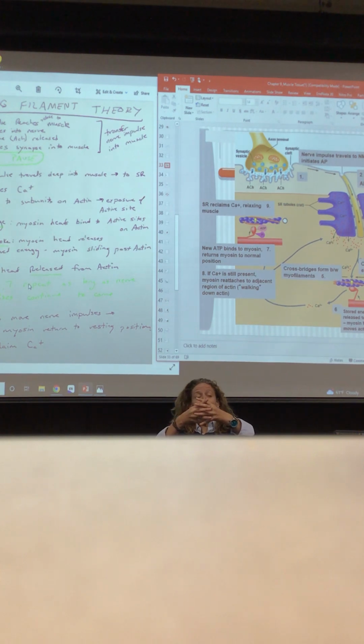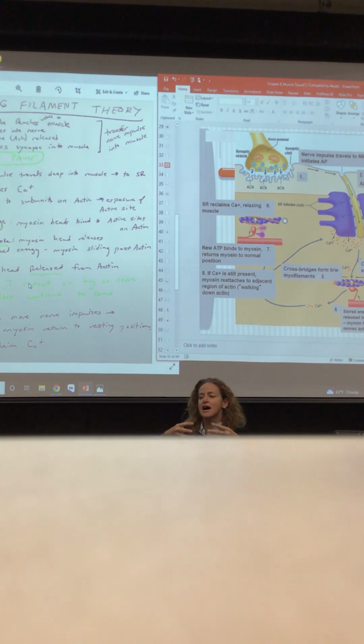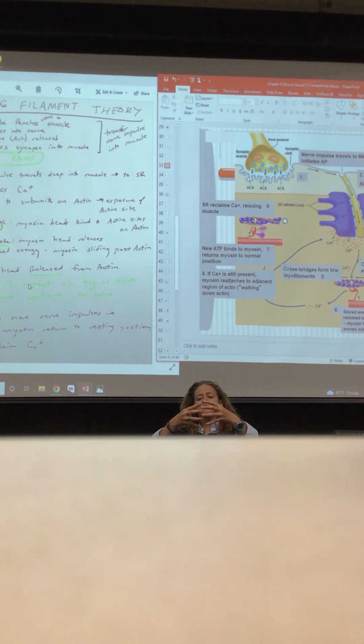But if there's still calcium coming down, it will bind again: cross bridge, power stroke, and release. It'll happen again. Each successive time, the actin and myosin get closer and closer together.